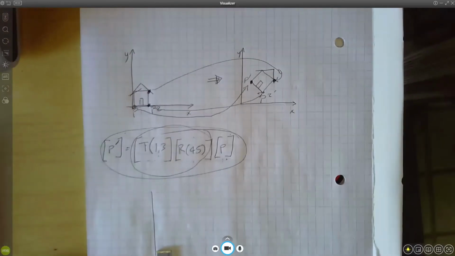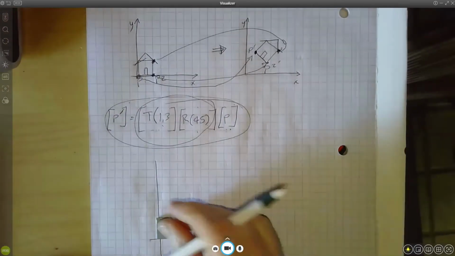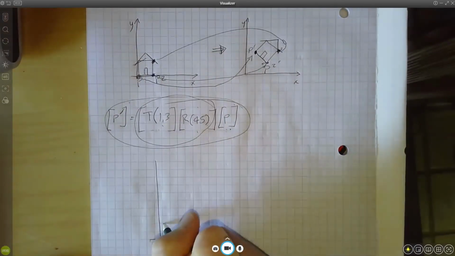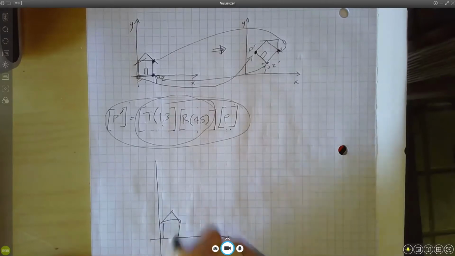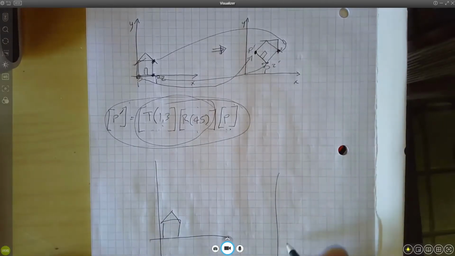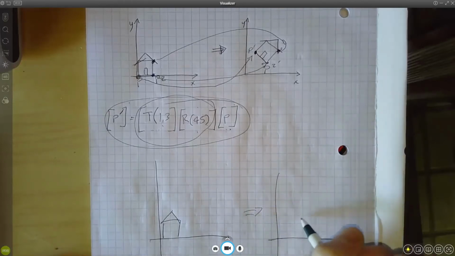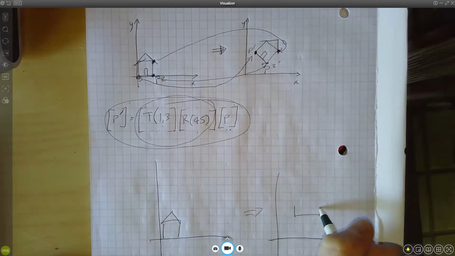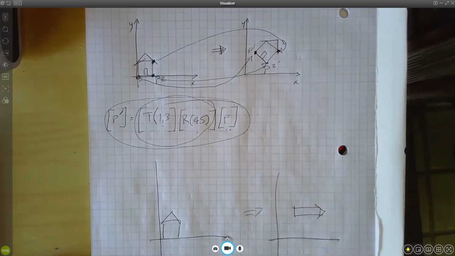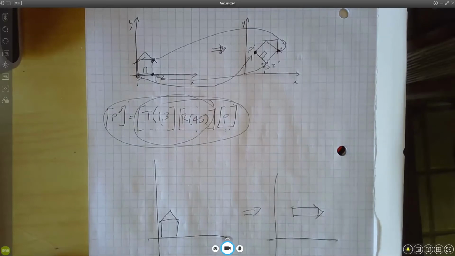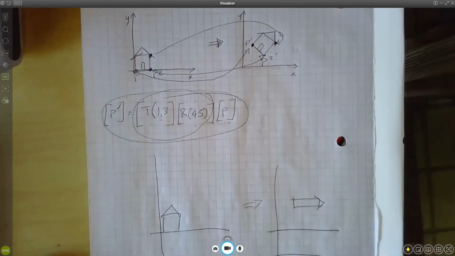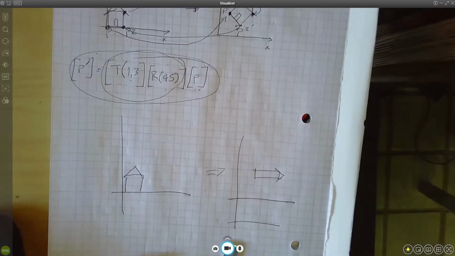I don't know that I'm going to draw this exactly like the thing that was going on. So here's our house. And then we went to a new coordinate system, and it was moved over, something like this, where it was squished and moved over and rotated, right? Some kind of thing like this. I don't remember if this is exactly right.